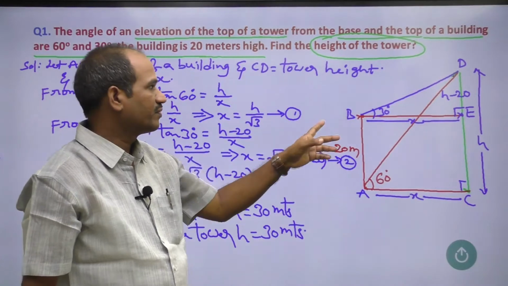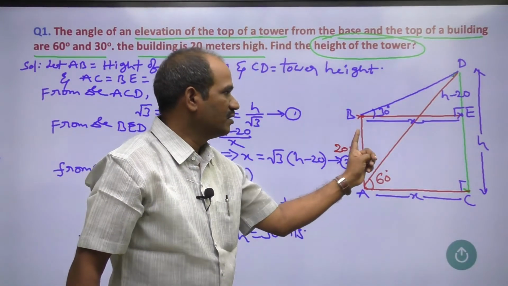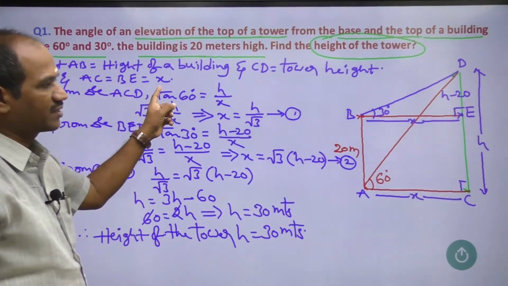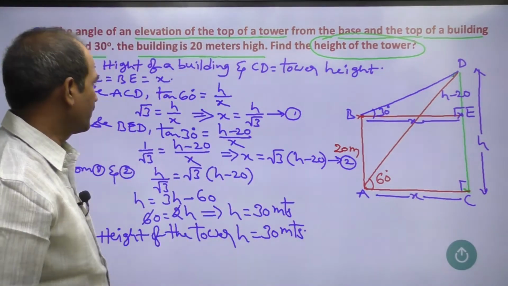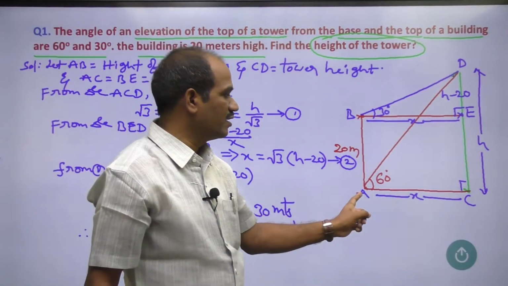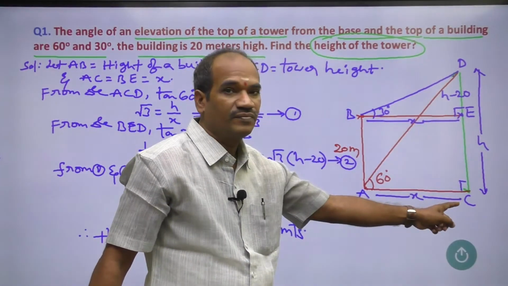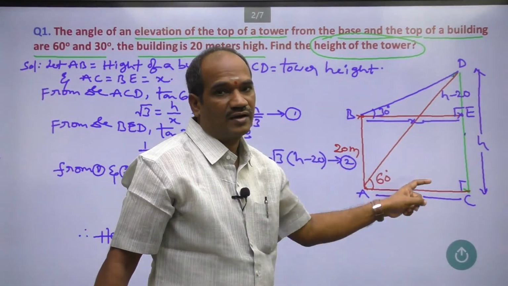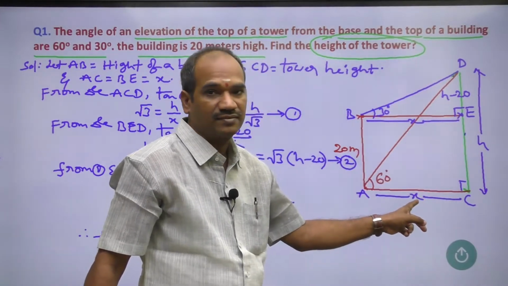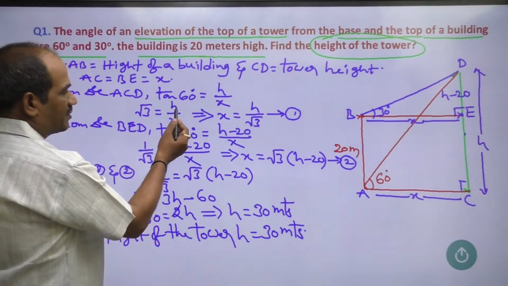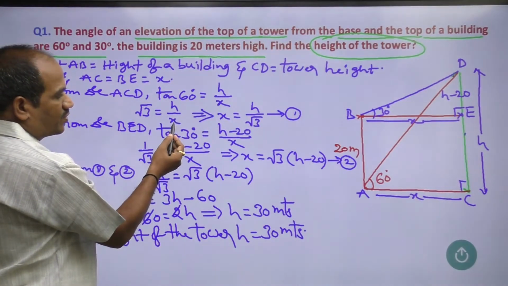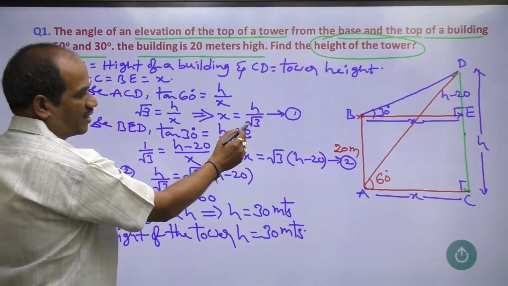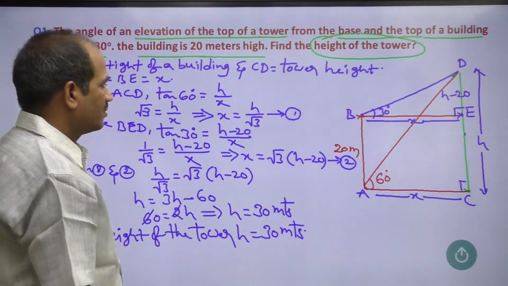In this distance, AC is equal to BE is equal to X. From triangle ACD, tan 60 is the opposite side by the adjacent side, which is H by X. So root 3 is equal to H by X, and cross multiplying, X is equal to H by root 3. That is equation number 1.